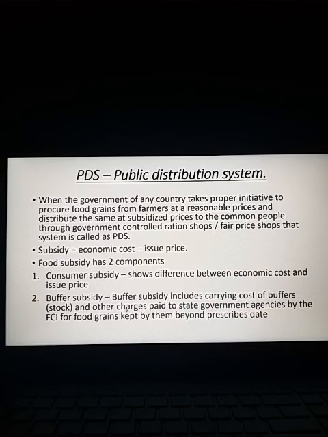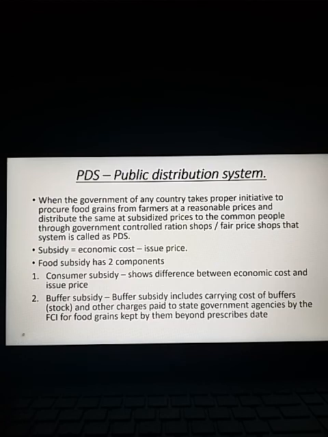Other charges include storage charges paid to the state government agencies by the FCI for food grains kept by them beyond the prescribed date. See, FCI and the government departments will have some common understanding of how long they can store. Supposing FCI keeps the stores of food grains beyond the prescribed date, then FCI has to pay some amount of money to the government. That plus carrying cost, that is transportation, we call buffer subsidy.